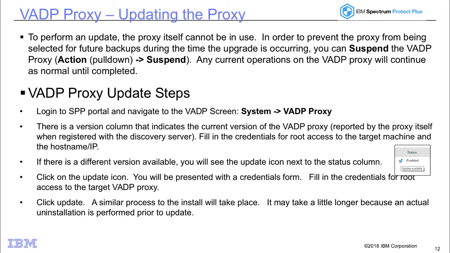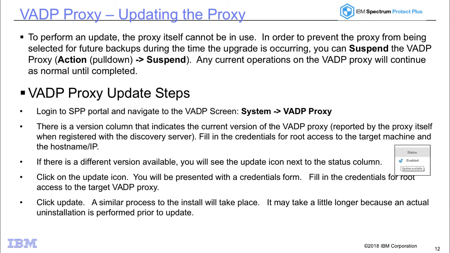In addition to doing the initial installation of the VADP proxy, we will also allow you to update proxies. So as we continue to push out new versions of Spectrum Protect Plus, you'll be able to go out and update the proxy version. What you have to do is stop processing on the proxy by doing a suspend on the proxy.